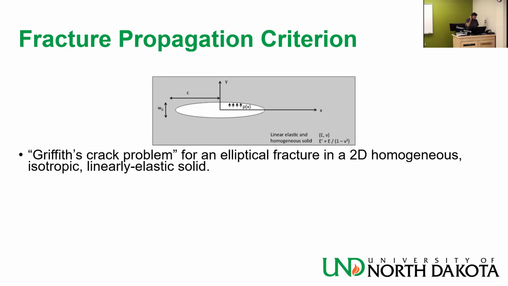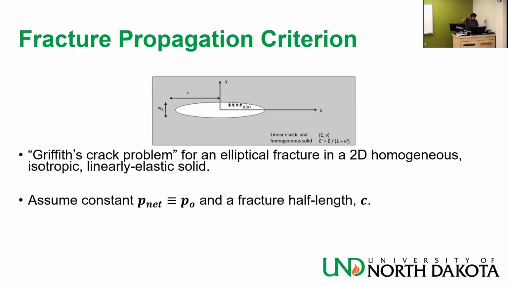So there was a paper in 1921, I think it was titled Mechanics of Rupture by A.A. Griffith. And that became sort of the father of basically mode one crack propagation in a linearly elastic, isotropic, two-dimensional solid.